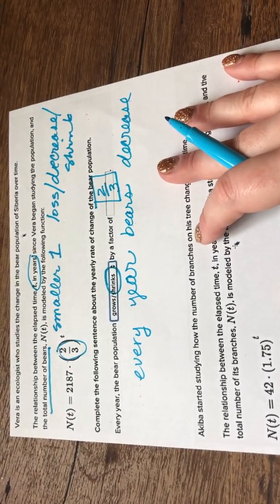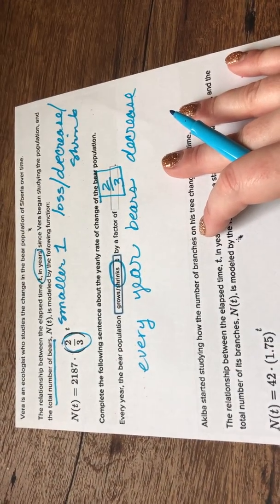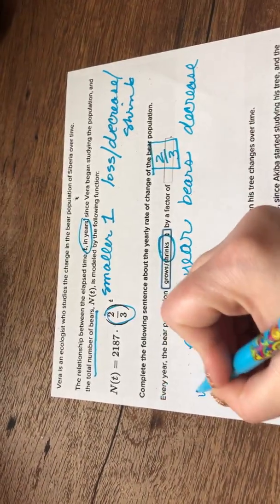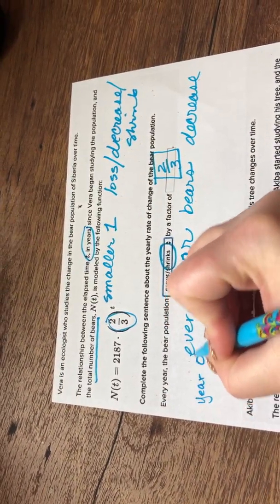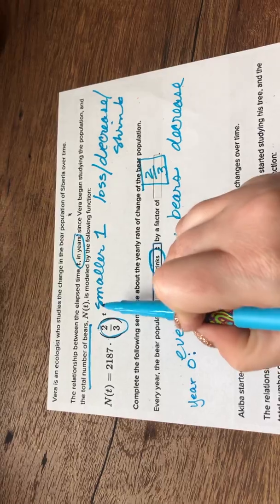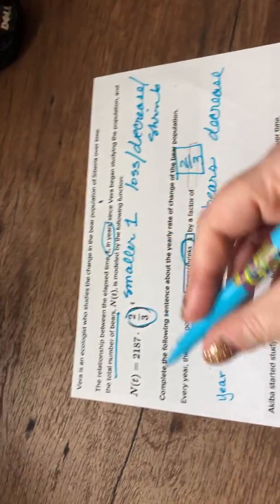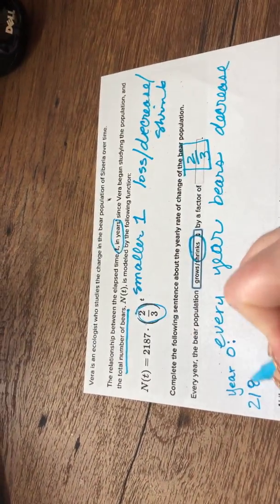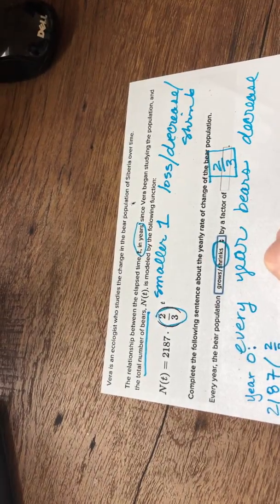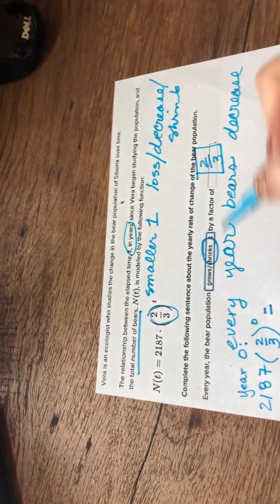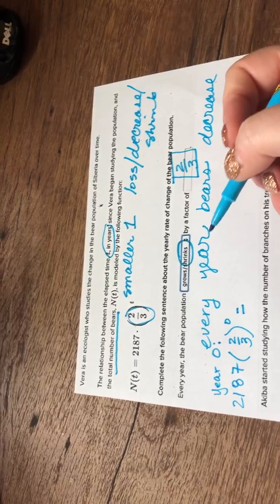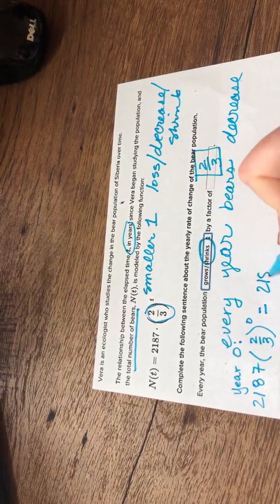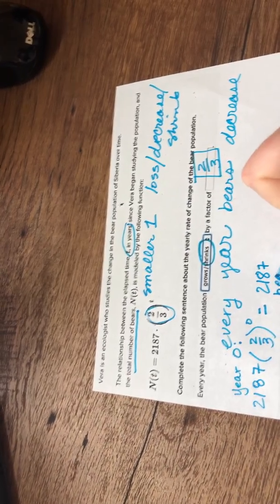So let's say at year 0, I would plug in 0 to this t up here, so we'd get 2187 times 2/3 to the 0. And if I put that in the calculator, just trust me, we get 2187 bears.